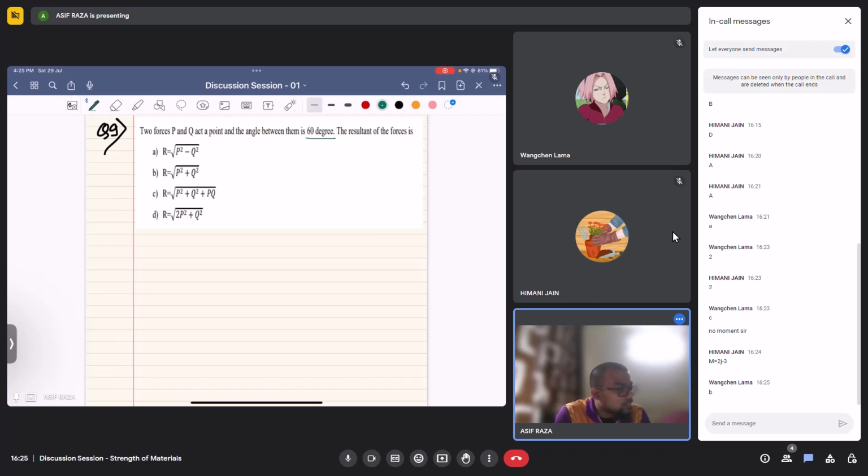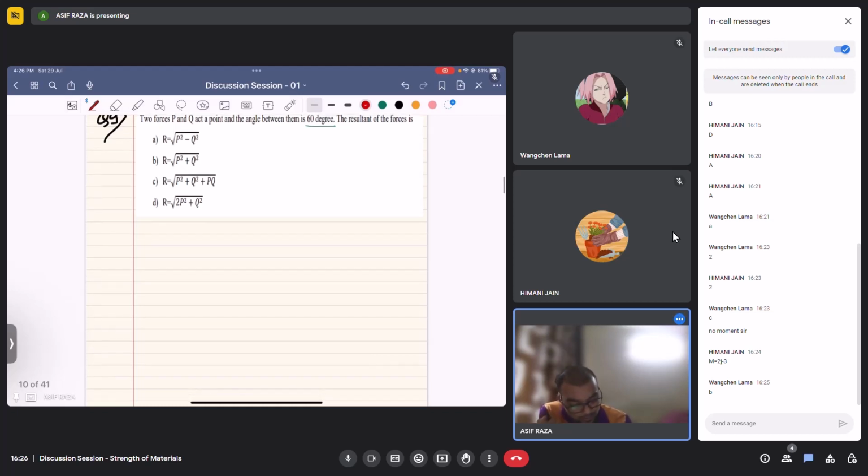Himani, if you are trying to solve it, I'll wait. Otherwise, I'll try to give the answer. Since Wangchen has said option B, let's try to solve it and see whether it's correct or not.